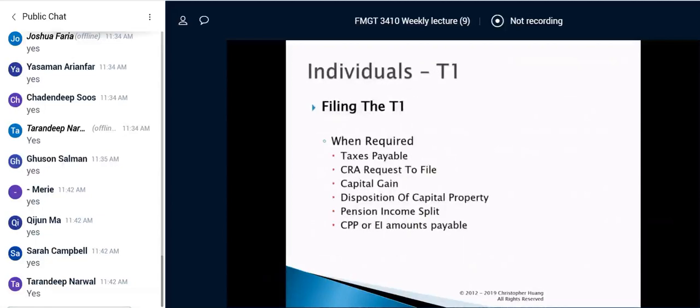When do you have to file the T1? Okay, your T1 individual tax return. Number one, if you owe tax, you have to file a T1. Number two, if CRA comes to you and says, hey, you guys need to file, then you need to file your T1.